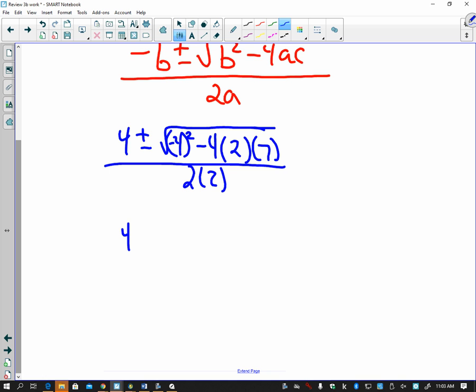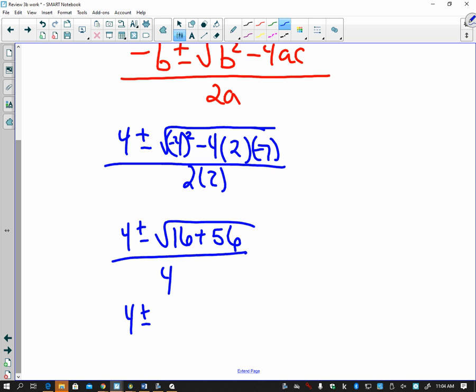Okay, so I have 4 plus or minus, all over 4. 16 minus negative 56. Okay, so that would be 16 plus 56. So I got 4 plus or minus the square root of, what is 16 plus 56? 72. Square root of 72 all over 4.